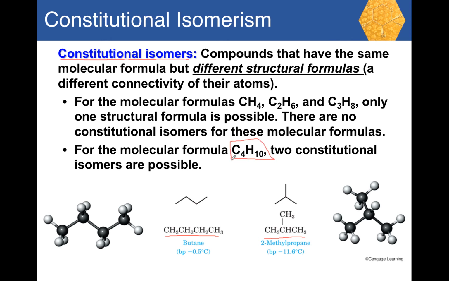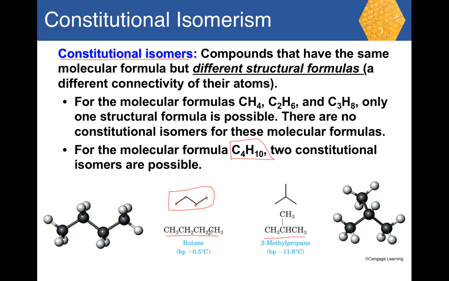C4H10 that we looked at earlier. So we can write C4H10 as this. I hope you recognize that C4H10. Let's just make sure. CH3, CH2, CH2, CH3. That is C4H10.